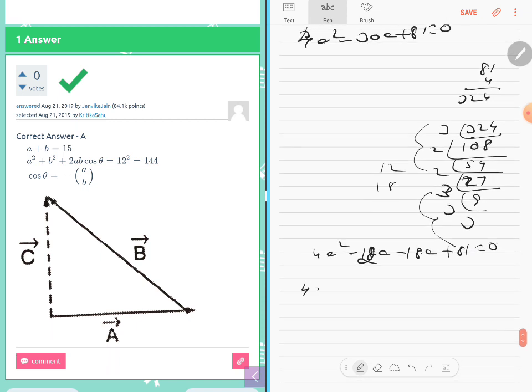So 4a is common, a minus 3, 9 is common, 2a, what?